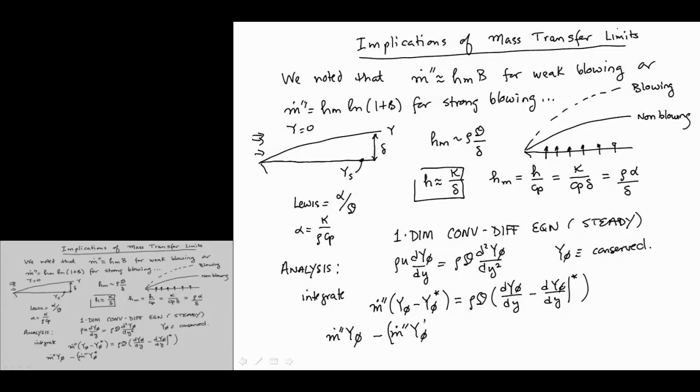I pull this guy over. It's a positive over here, right? So let me make sure that's right. Let's take it over there, it's positive, and minus, okay, good. And so I have rho D dphi/dy at star, and this is equal to rho D dphi/dy at a general location.